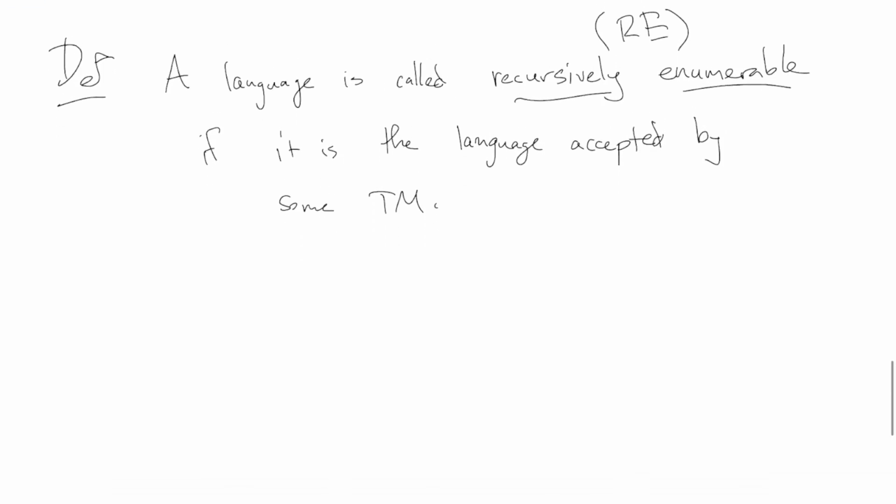This name actually comes from the treatments by Alonzo Church, a name that I mentioned once. There was another guy who had similar ideas to Turing, but he didn't describe it in terms of abstract machines. He described it in terms of abstract functions that were composed together with each other, which he called recursive lambda functions. In his terminology, these languages are called recursively enumerable.